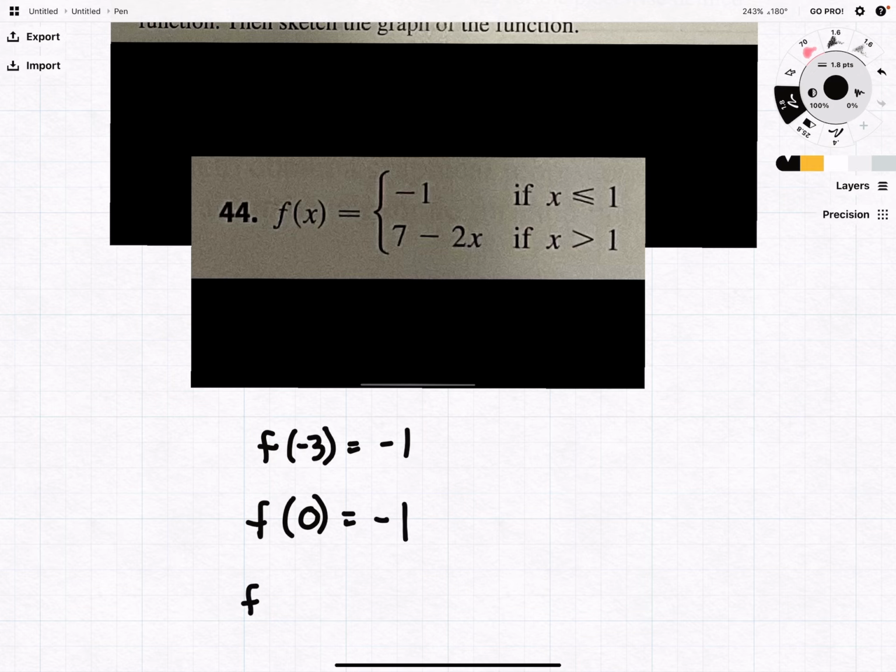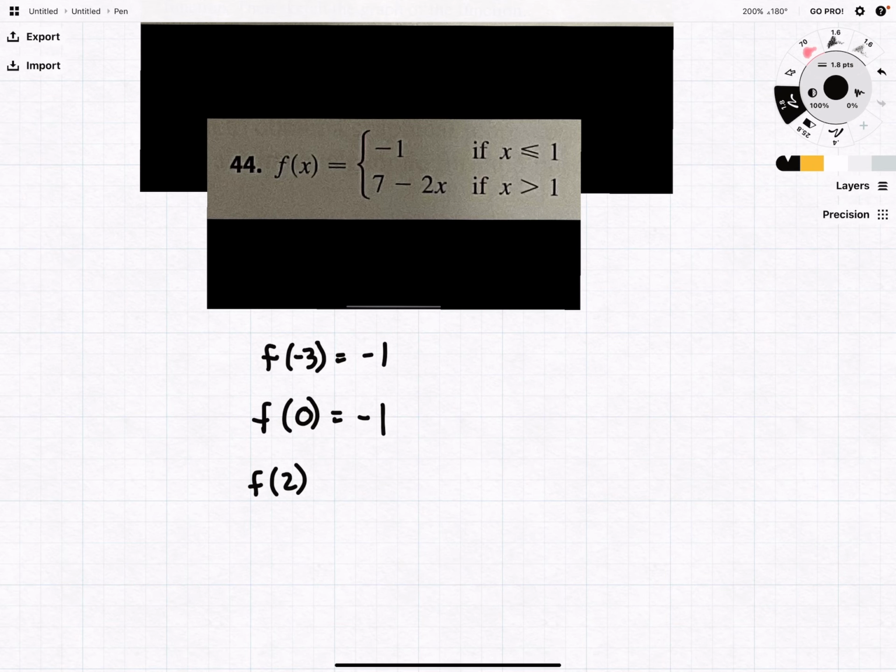Then at f of 2, that's greater than 1, so we have to use the rule 7 minus 2x. Our x value in this case is 2, so it's 7 minus 4, which gives us 3. So we have -1, -1, and 3.